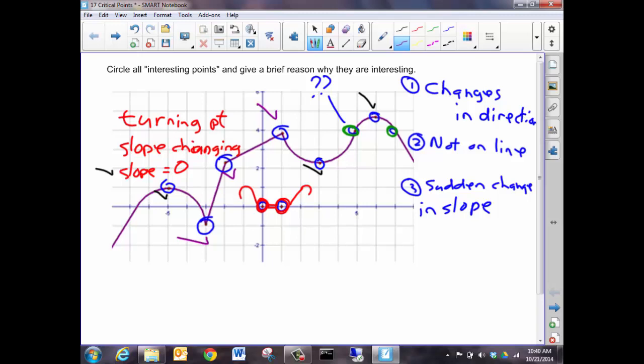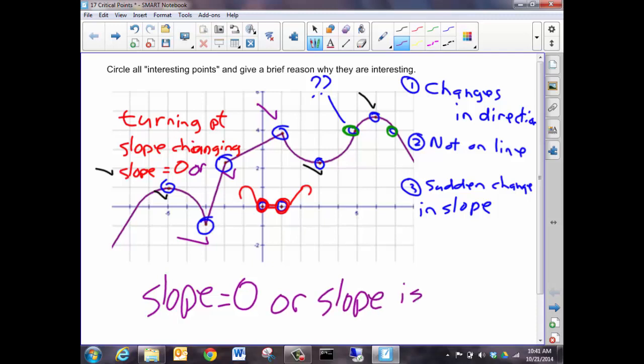What does that mean? Derivative doesn't exist. So we can say that either the slope is 0 or, let's write it down here, slope equals 0, or the slope is undefined.